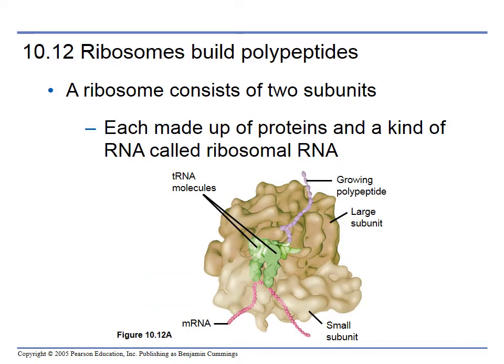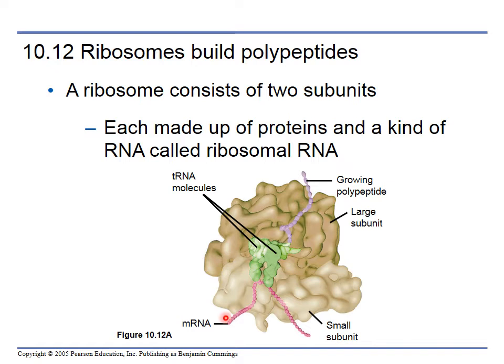All right, so your ribosomes are actually made mostly of, well, there's two subunits. It's mostly protein, and there's also something called ribosomal RNA in there. And this is where the messenger RNA is going to go, and the transfer RNA is going to bring the amino acids, and we're actually going to start building our polypeptide chain.